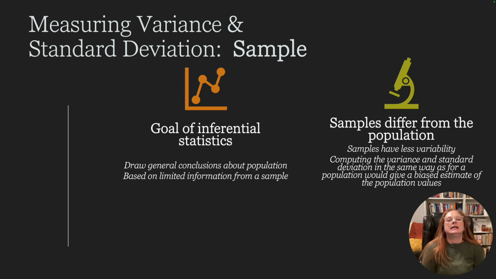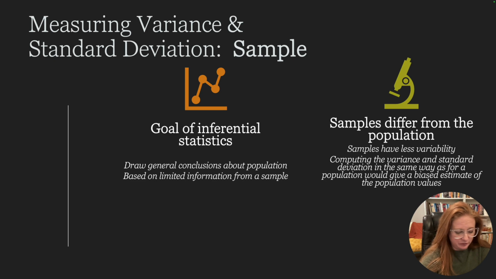Okay. We're going to talk about samples now. So measuring variance and standard deviation for a sample. Same thing: you're going to try to draw general conclusions about a population based on limited information from a sample. Because we have limited information, it's not going to be as accurate, but we still need to do it because, to be frank, most of the time we are dealing with a sample, not a population.